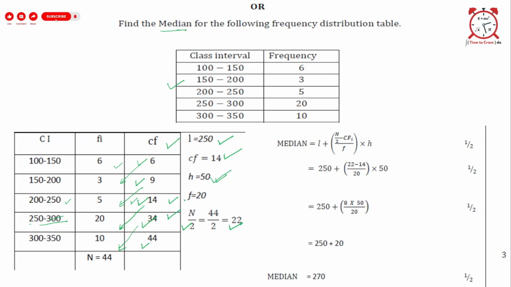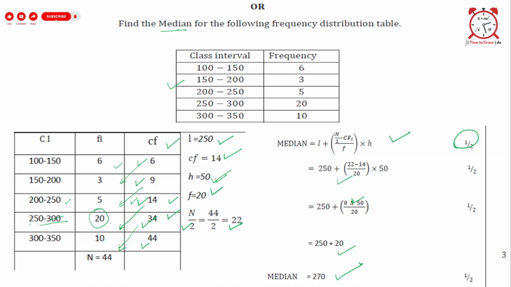And the frequency of the median class is 20, so f = 20. Put in all the values. First of all, write the formula, since marks are for writing the formula: L + [(n/2 - CF) / f] x h. Putting the values in the formula appropriately, we will get the answer 27.